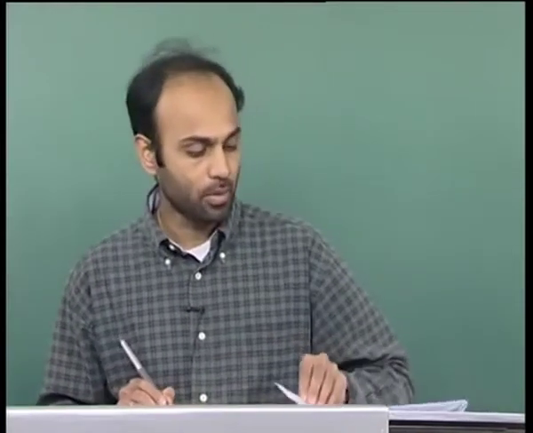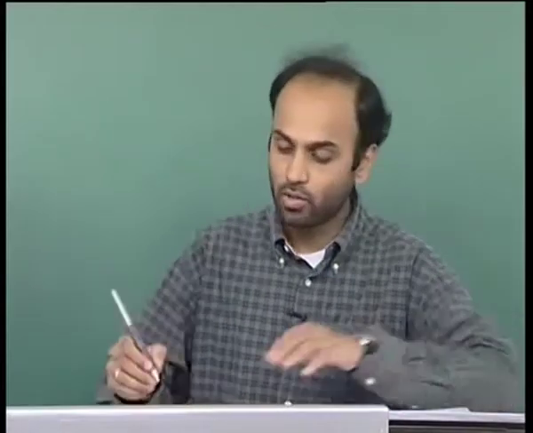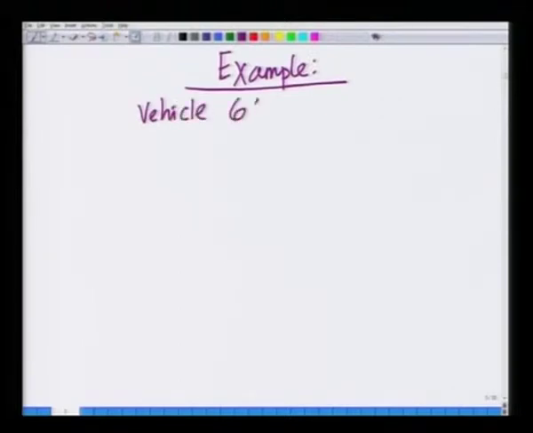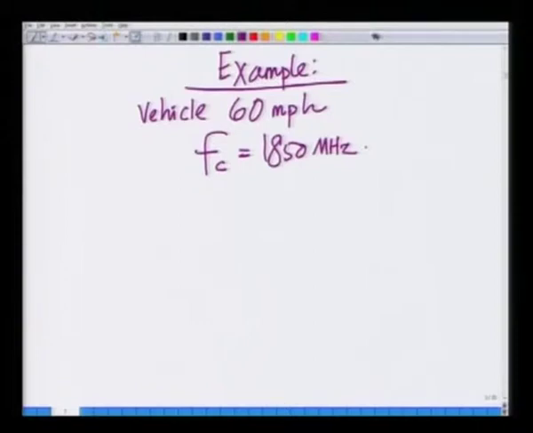Okay. Let us do an example to understand this better. Let us do an example of a 3G, 4G wireless communication system. Let us go back to our earlier example where there was a person in a vehicle moving at 60 miles per hour directly towards the base station at carrier frequency f c equals 1850 megahertz, which is the same as 1.85 gigahertz.